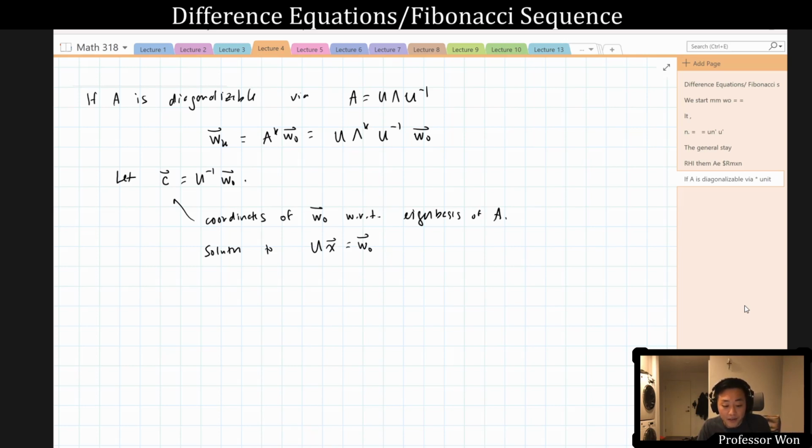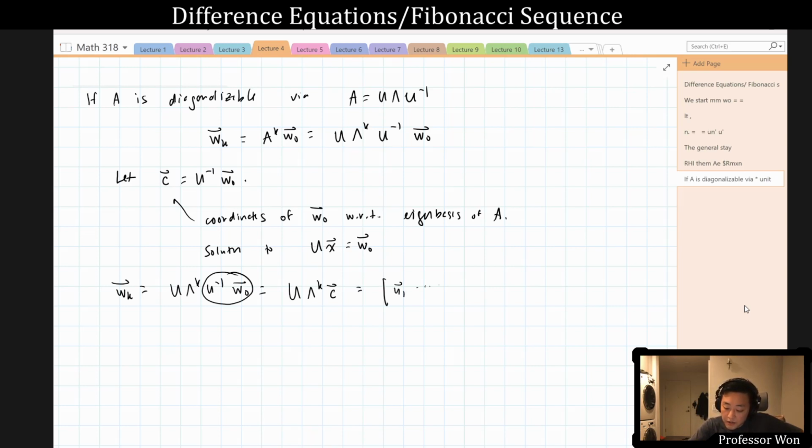Okay, but now let me do a little bit of linear algebra magic. The kth state vector we said was U lambda to the k U inverse w_0. But we just called U inverse w_0 that thing c, and it's a vector that we can actually solve for. So this is U lambda to the k c. Now let's write out what this is.